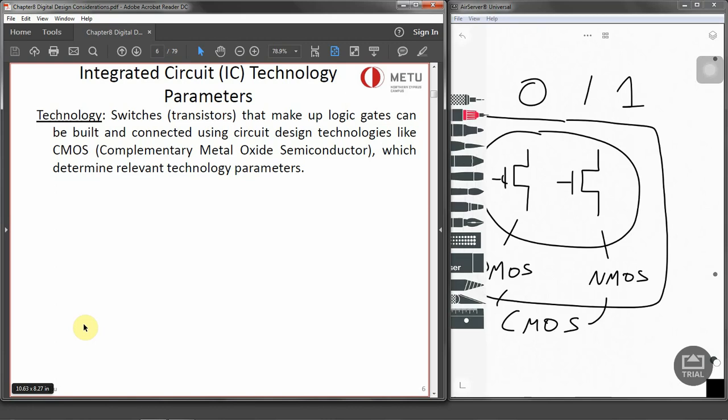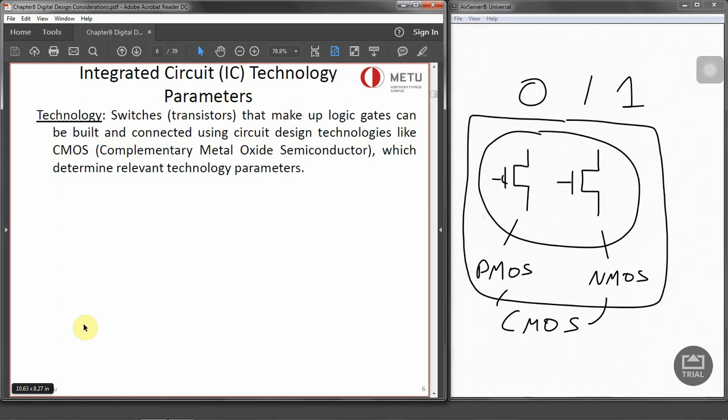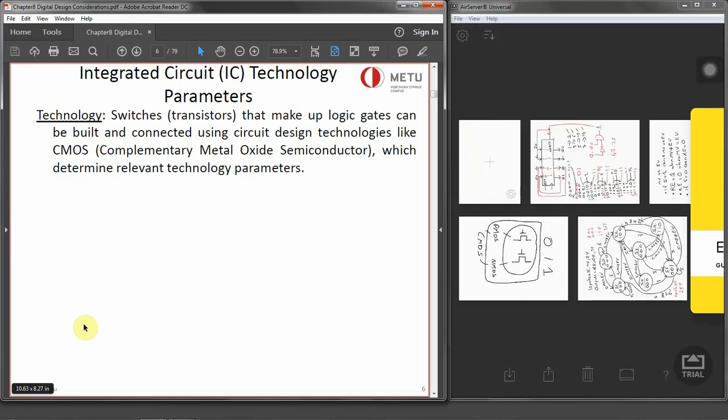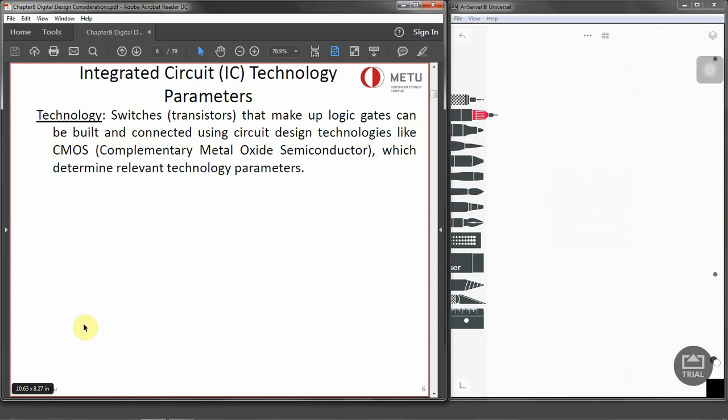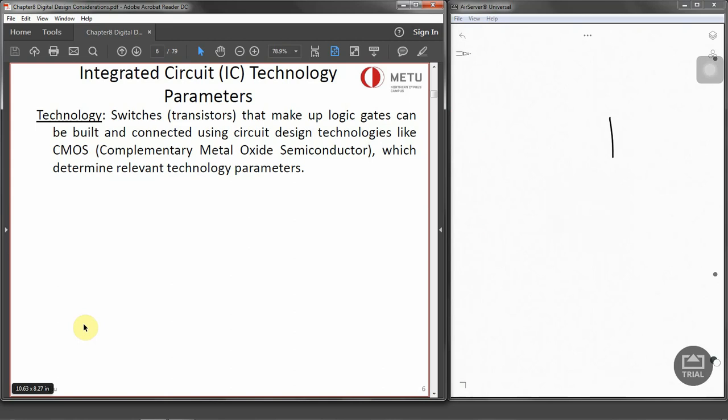Now the next thing that we need to consider in digital design, apart from the technology itself, and maybe I mentioned this before, is the number of inputs available on a gate. For example, if we have a gate with lots of inputs coming into it, this is not an efficient way of implementing logic circuitry. This is known as fan-in.